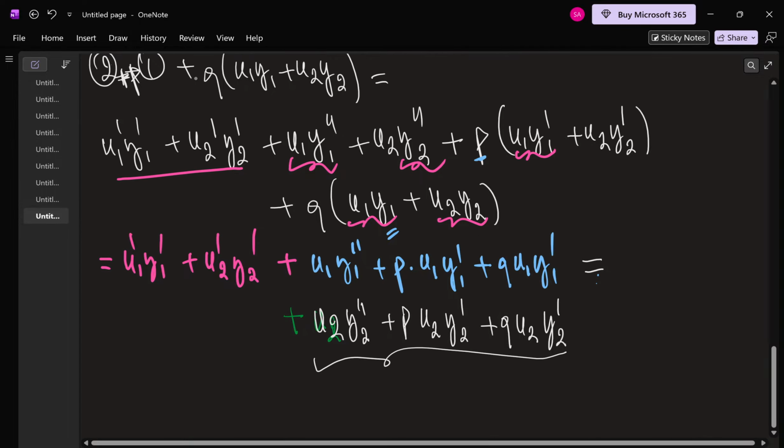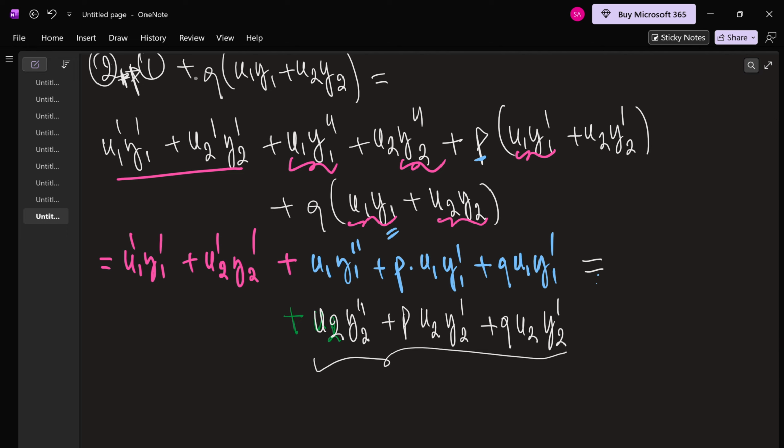Now I have to remind you of something. Actually this is a solution to the homogeneous equation, so this is equal to 0, and this guy also is a solution to the homogeneous equation, so it is also equal to 0. Do you understand why?